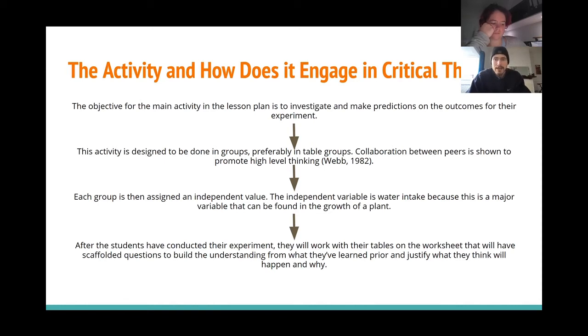Each group has an assigned independent variable to create disparities in each of the results, and therefore create discussion as to why this is the result. The independent variable is water intake, because it is a major trait explored in the pigface plant. The duration of the activity will be about 6 weeks. After the hands-on activity is conducted, students will discuss amongst their table about what they think will happen.